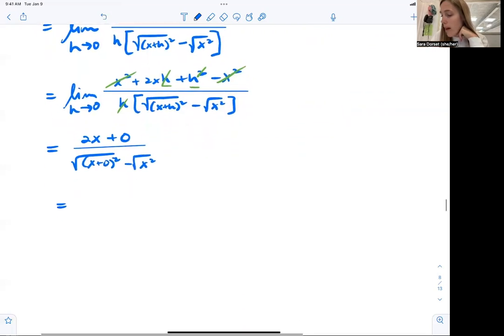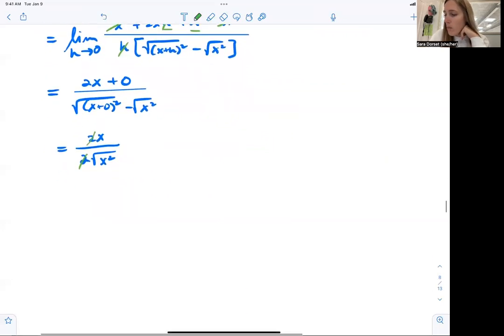So simplifying that, that would be 2x over 2 root x squared, where those 2's can cancel. And then we can also rewrite the square root of x squared as the absolute value of x.